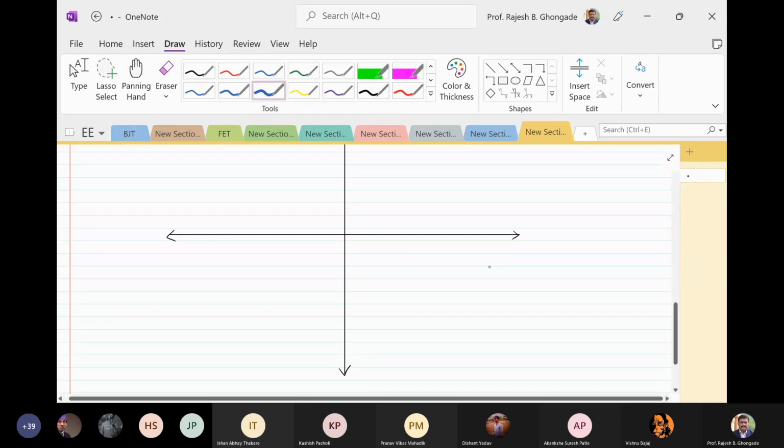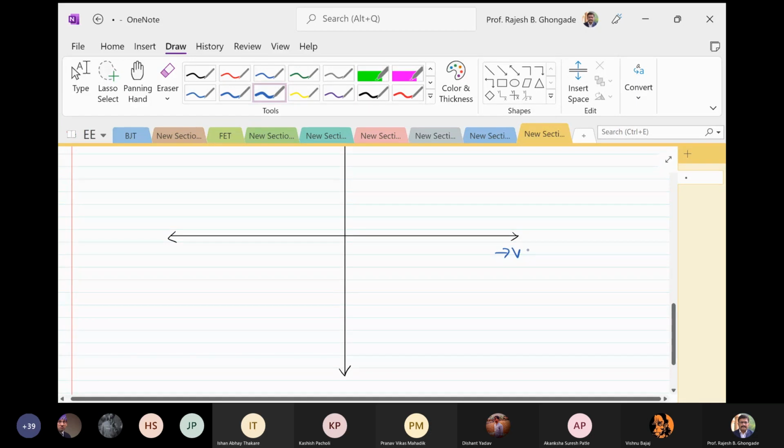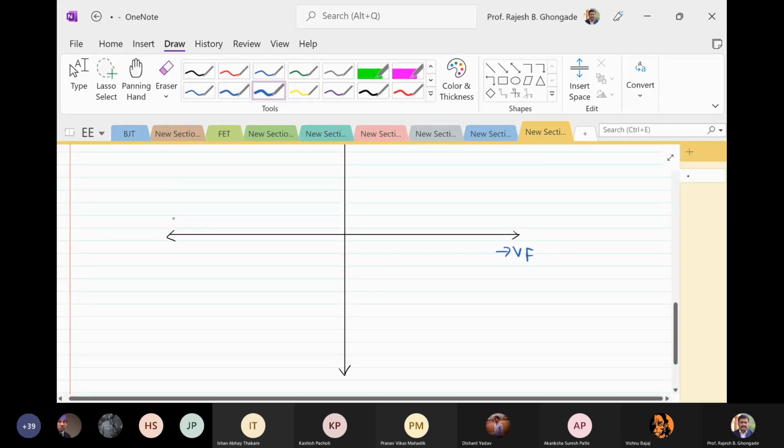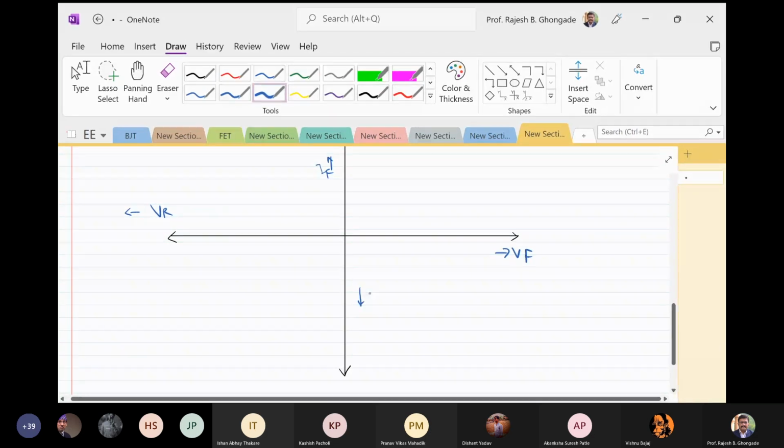This is the forward voltage. This is the Zener voltage, let us call it VZ. Let us call it the reverse voltage VR. Keep the same terminology. This is the forward current IF. This is the reverse current IR.